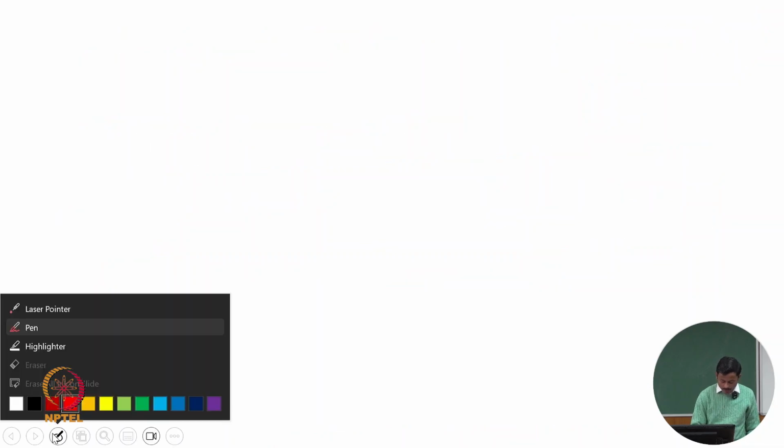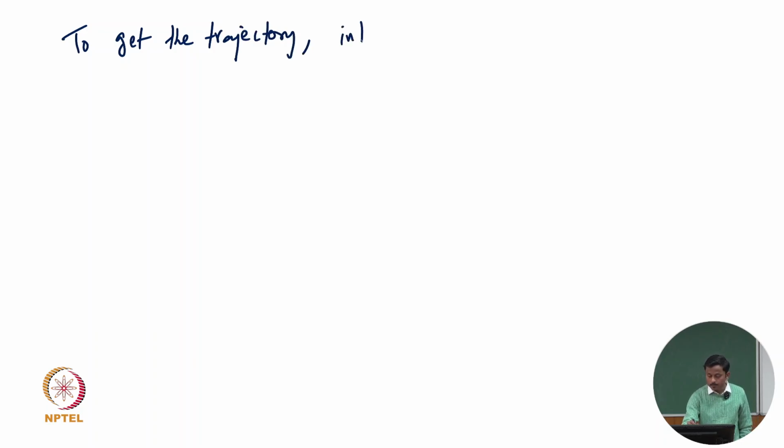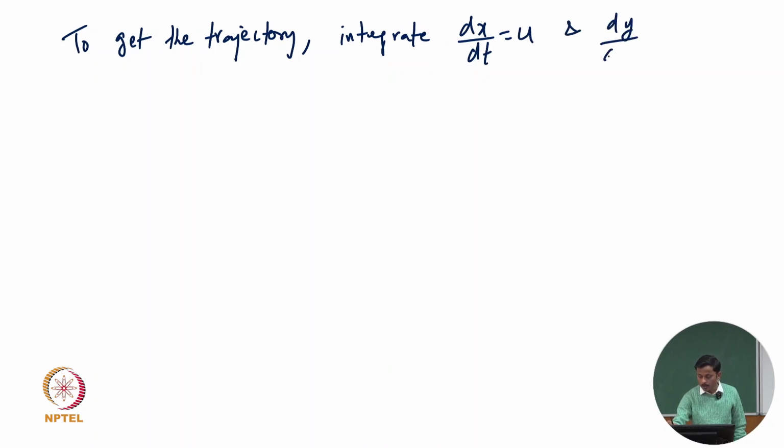Now to get the trajectory, integrate dx by dt equal to u and dy by dt equal to v.